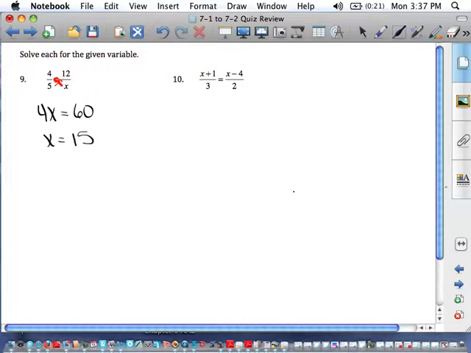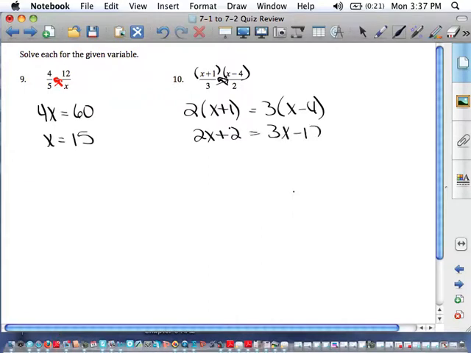On the next one, when you cross multiply, remember to add the parentheses so that you distribute that denominator across those two terms. So I have 2 times x plus 1 equals 3 times x minus 4. So I get 2x plus 2 equals 3x minus 12. Solve this, I'm going to get x is equal to 14.